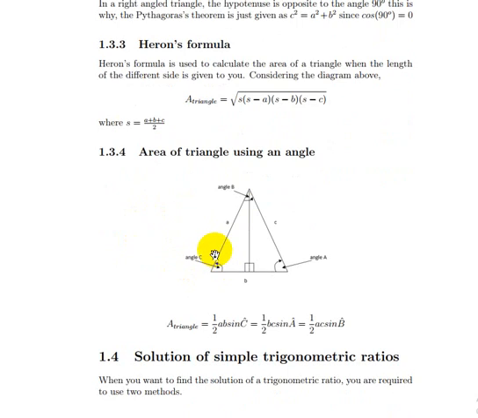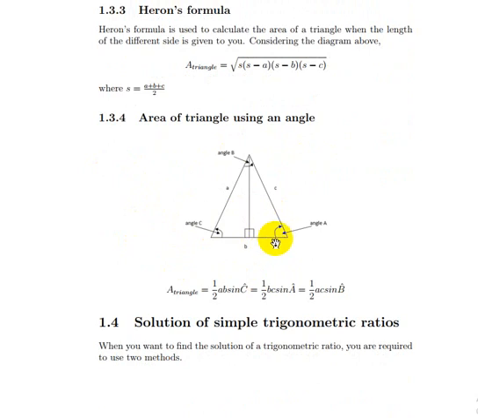Now, area of a triangle when you are given the angles. Let's say I'm given the angle A. You see that the area of a triangle is still half base times height. So here you have the height, and here's the base.